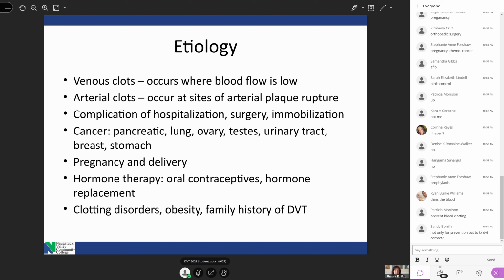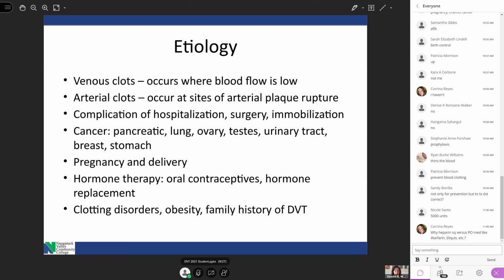It's 5,000 units, but it depends on how concentrated it is. It's a tiny concentration, great, Nicole, of heparin versus someone who has a DVT. Yes, Sandy, we do treat it with heparin, but we treat it with heparin drip and we treat it with a much higher dose based on the size of the patient.